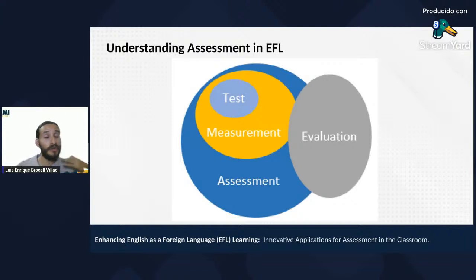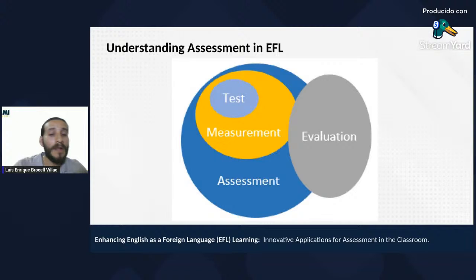We should use a test if we want to assess specific outcomes. They can take several forms. For example, a test could be a multiple choice exam: there's a statement, and we have A, B, C, or D. We can also use essays, practical demonstrations, or performance assessment. That is for tests. Most tests are graded.